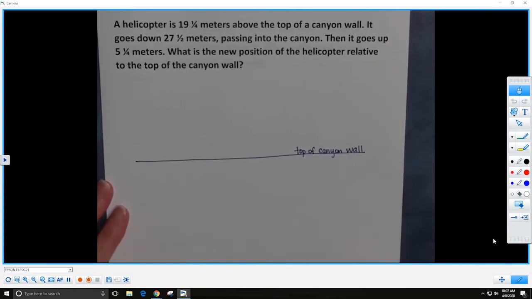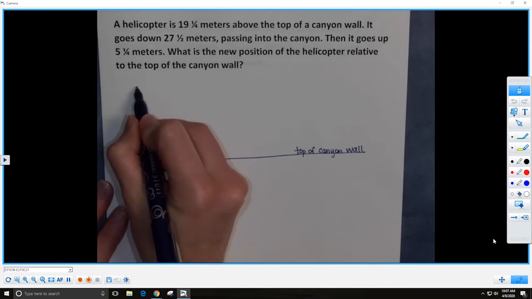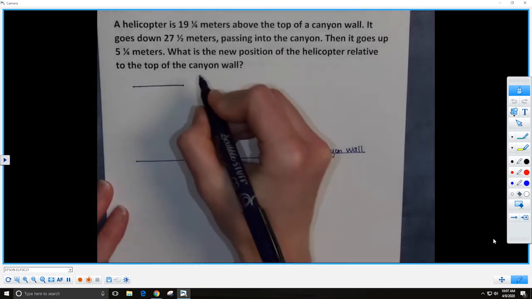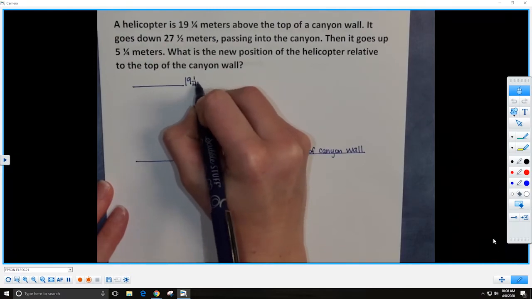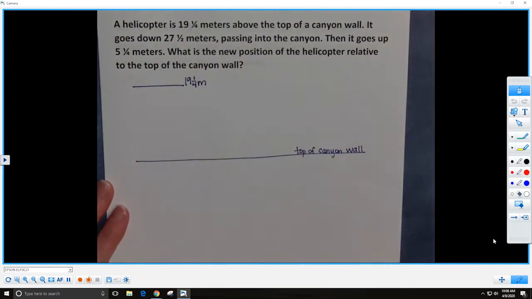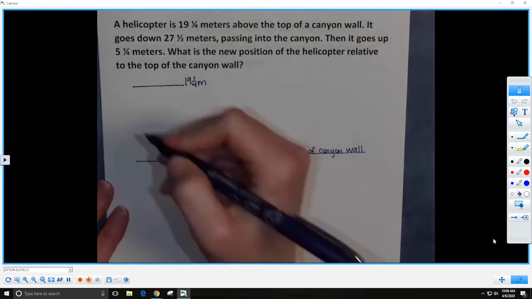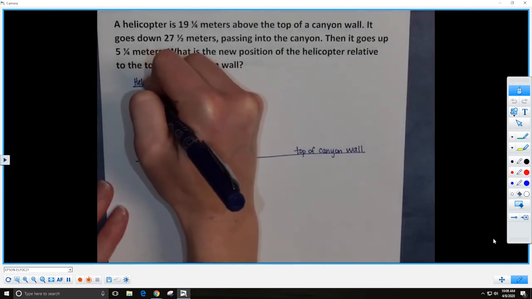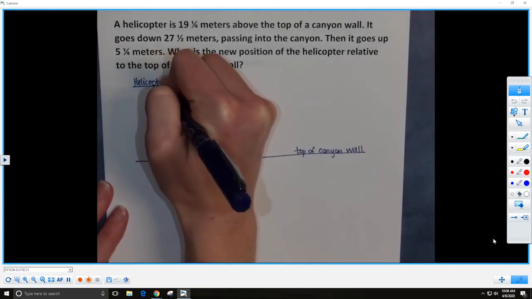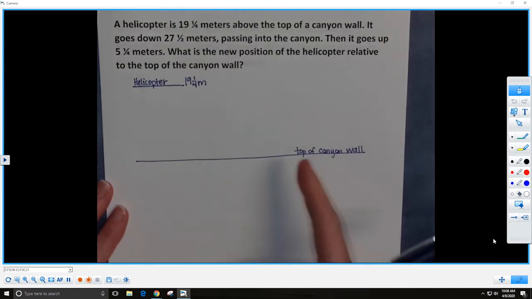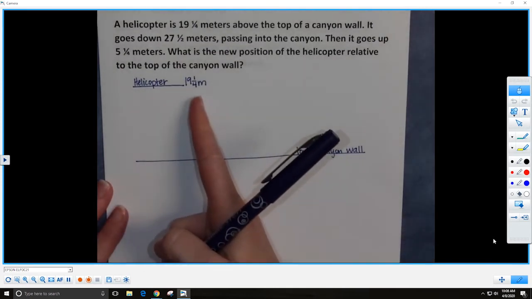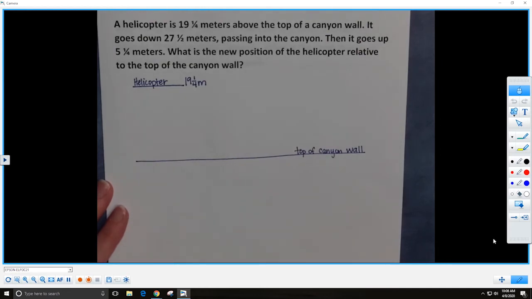And we know that the helicopter is 19 1/4 meters above the top of the canyon wall. We'll label that as our helicopter. So here's the top of the canyon wall. The helicopter is 19 1/4 meters above the top of the canyon wall.